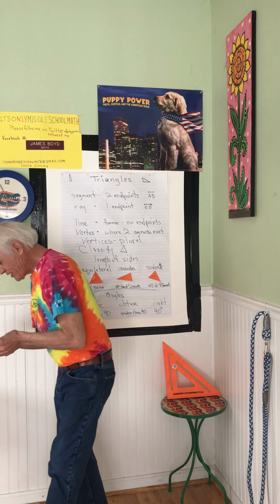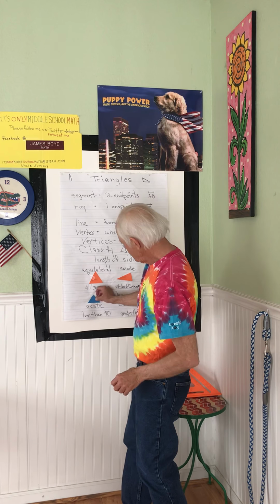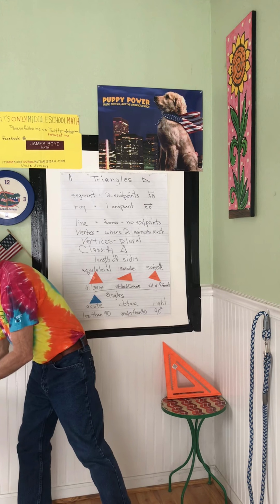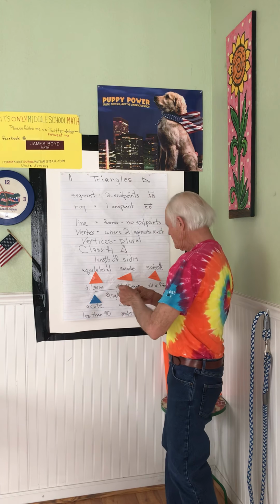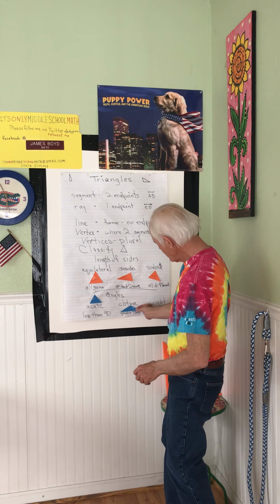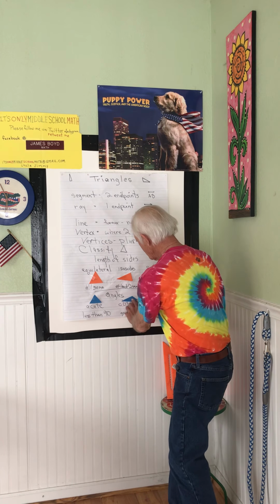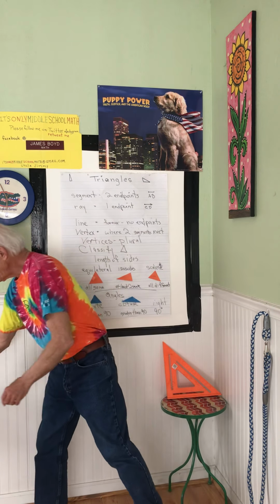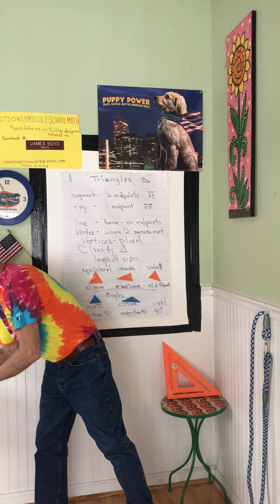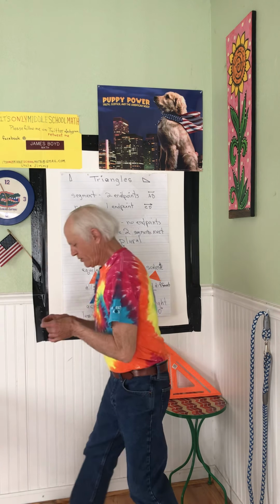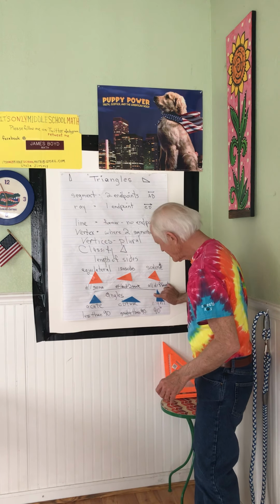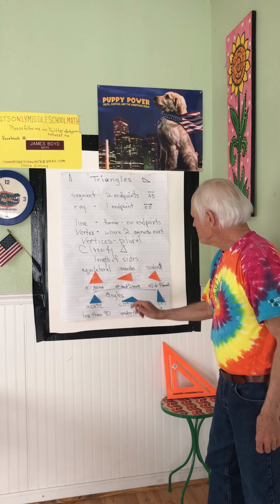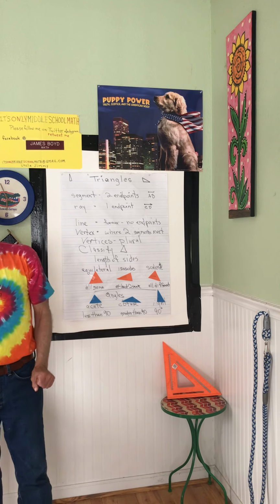So again, we've got an acute triangle. We've got an obtuse triangle, where it's got one angle that's greater than 90. And we've got our very special right triangle, where it's got a corner, a 90-degree angle in it. Alright, if you make that chart, I think you'll be in good shape as far as classifying triangles.